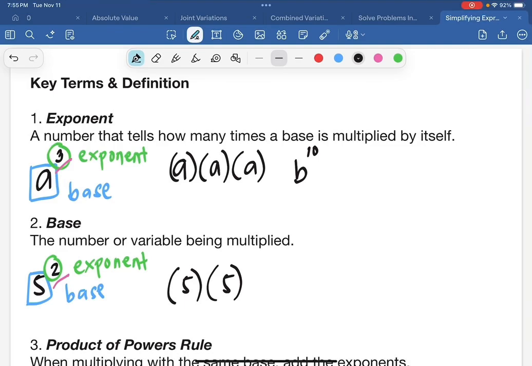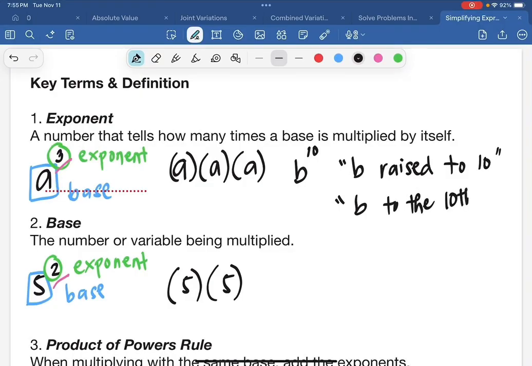So if you have other numbers, it could be 1, 4, or any number aside from those two, you could read them like this: b raised to 10, and just like before, b to the 10th power. So that's it on the first key terms and definitions for exponent and base.